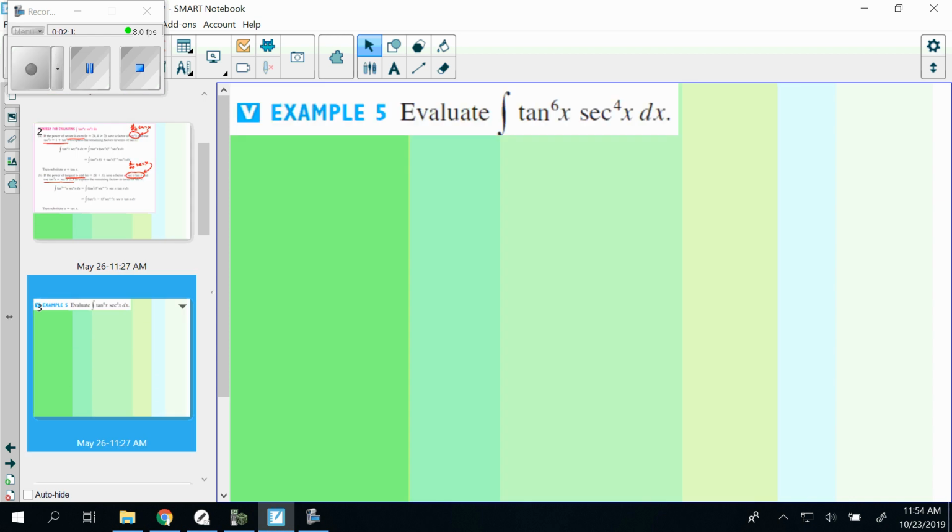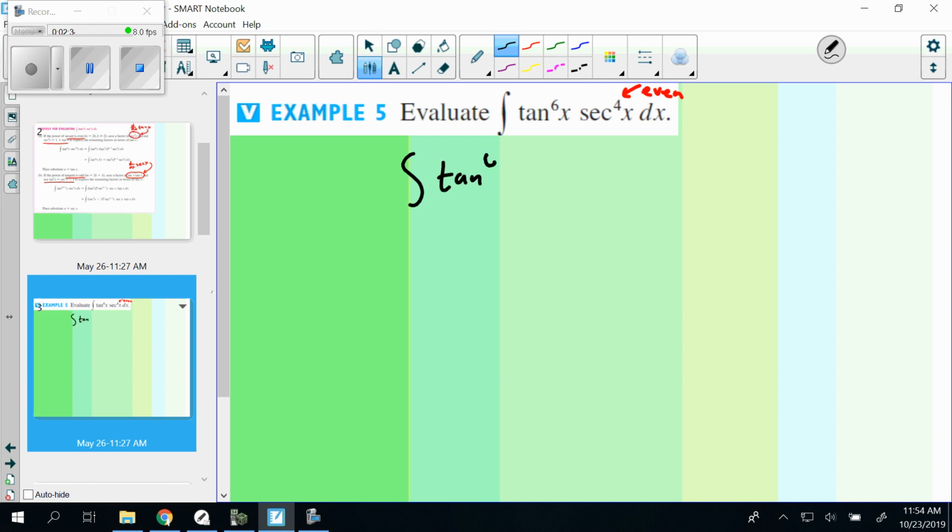All right, so let's try some of these out. So first one, we want to evaluate this integral: tangent to the 6th power times secant to the 4th power. In this one, what we see is that we have an even power of secant. If you have an even power of secant, we want to leave a secant squared. So we're going to think of this integral as tangent to the 6th power, and we're going to split that secant to the 4th up into two secant squareds, because we ultimately want to save that.